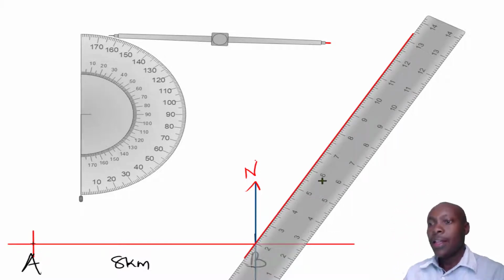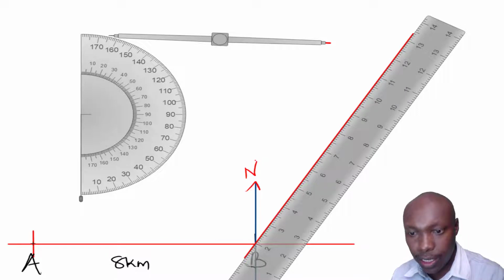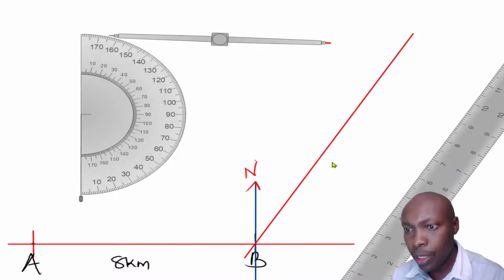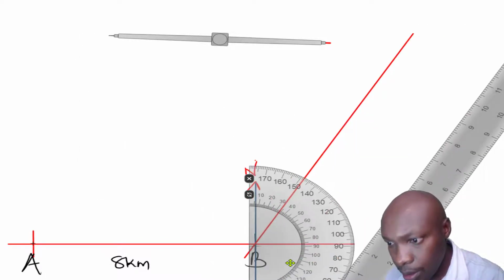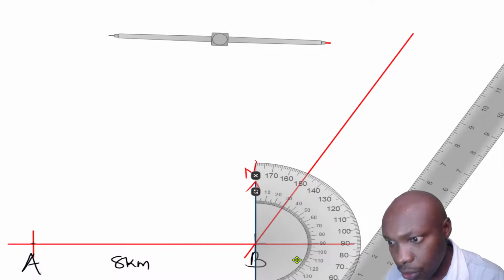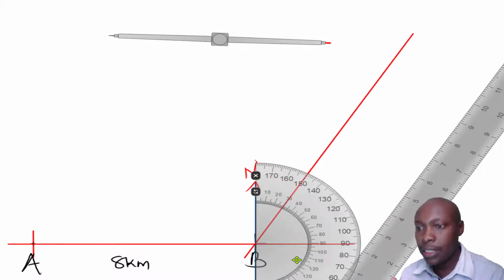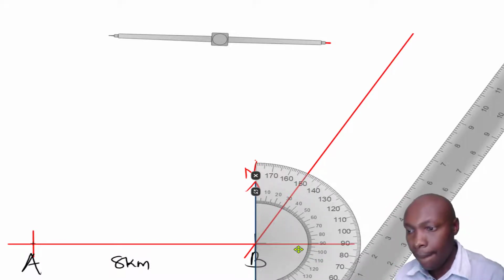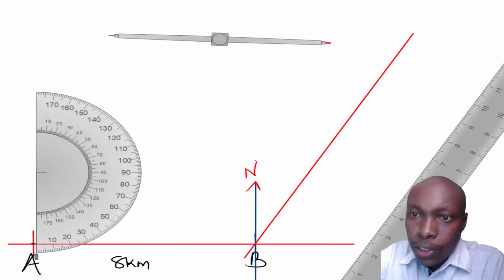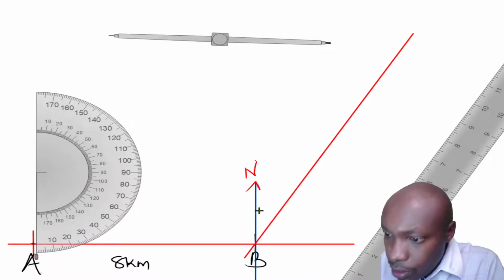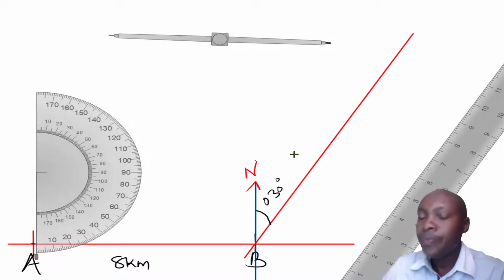Yes, that's it. That is the line. I can confirm by using my protractor. You can see that that is exactly 30 degrees. So this angle here, this is 30 degrees.